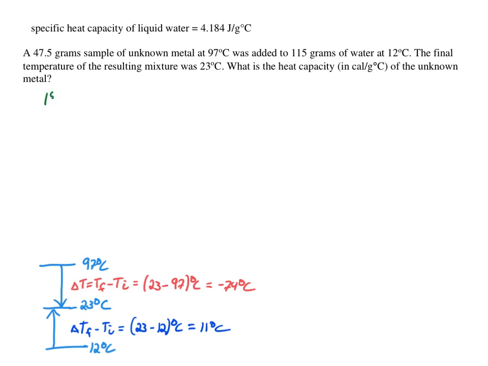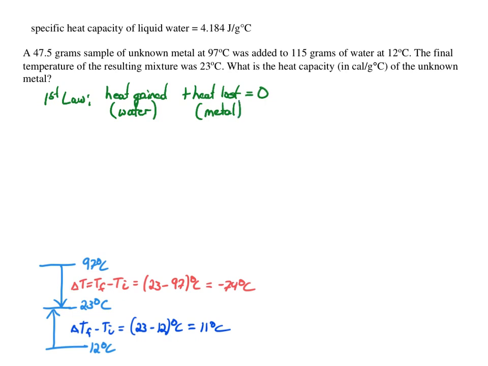We now apply the first law. The energy of the universe is constant, which here means that our heat gained plus our heat lost has to sum to 0. In this situation, what's gaining heat is the cool water bath, and the piece of the unknown metal is what's losing heat.